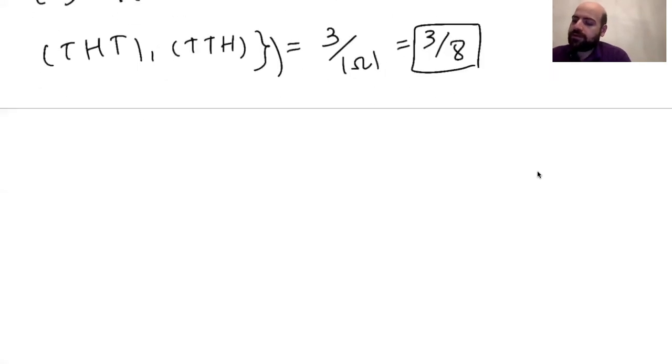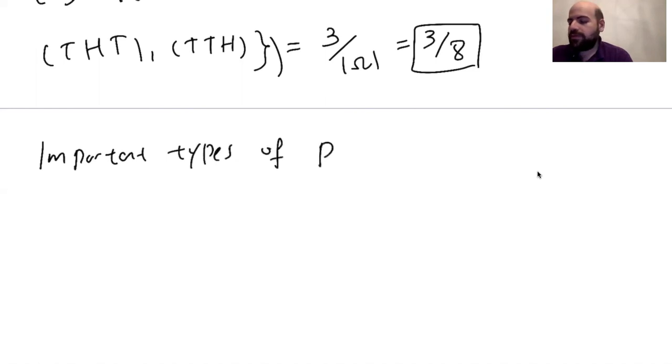All right. Now we want to look at some important types of random variables.